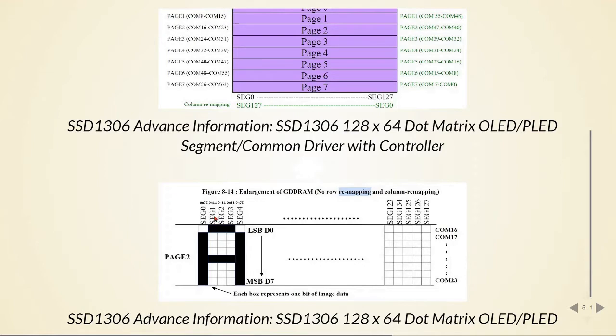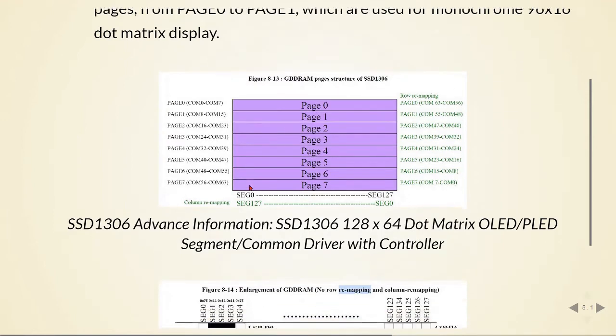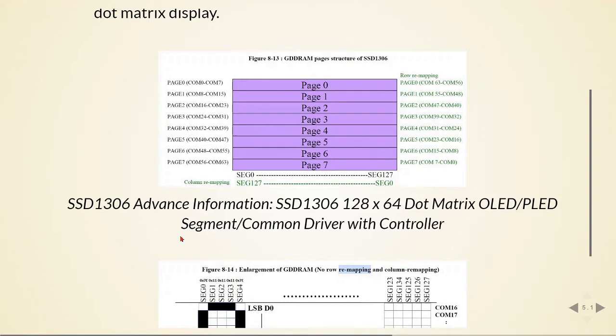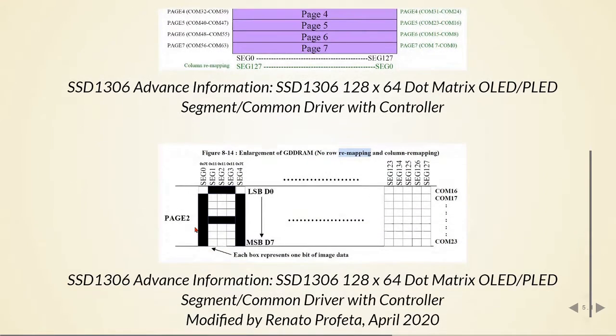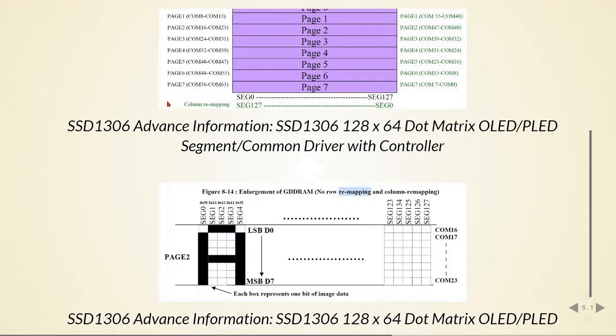So we will use 96 segments and two pages, page 0 and page 1, so we can have two lines of written text, each line 8 bits in height, for a total of 16 bits.